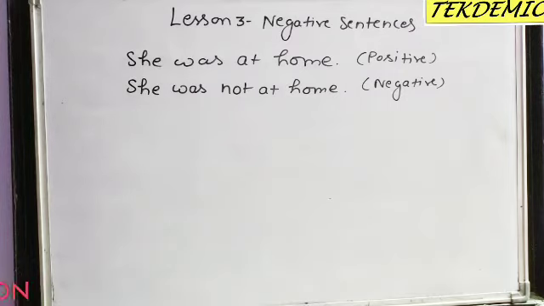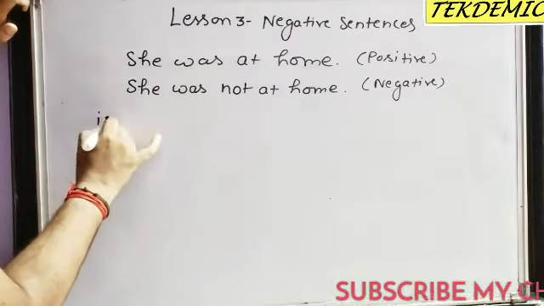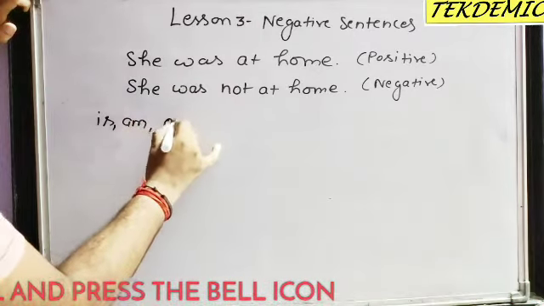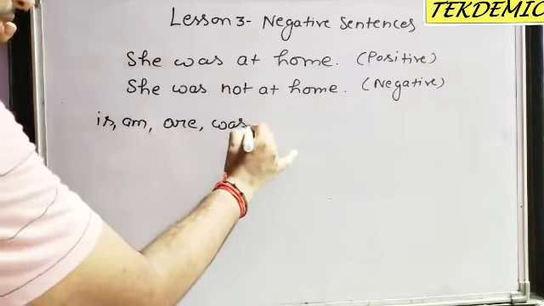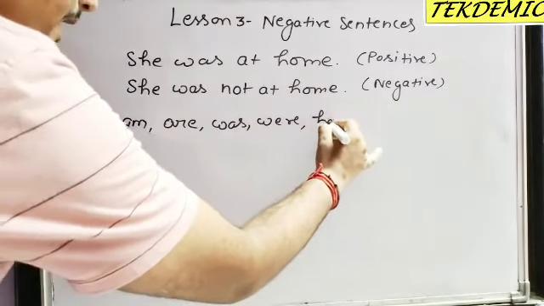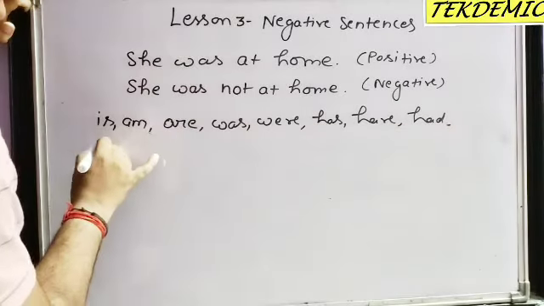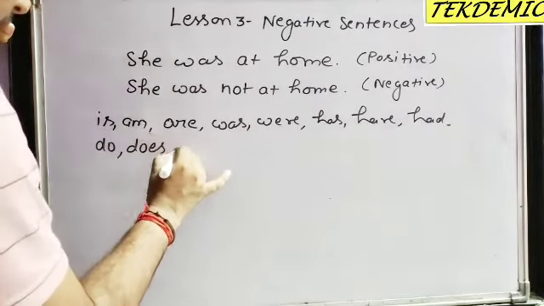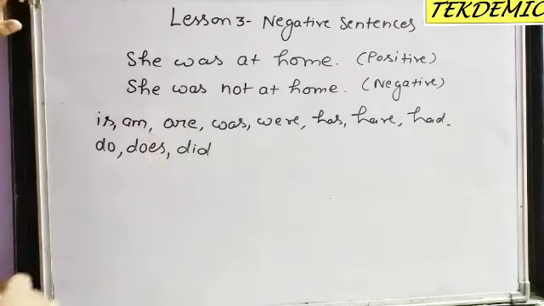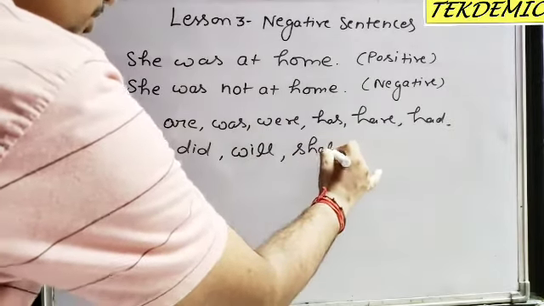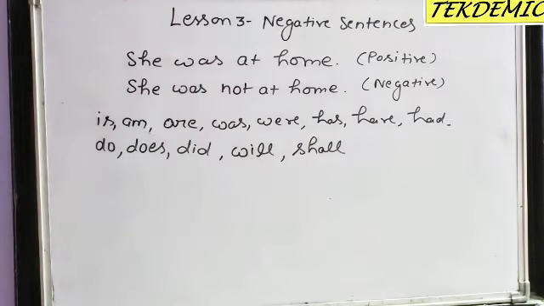And helping verbs are is, am, are, was, were, has, have, had, do, does and did. Okay, and will, shall also. So these are helping verbs, and if we put not just after them, we will make the sentence negative.